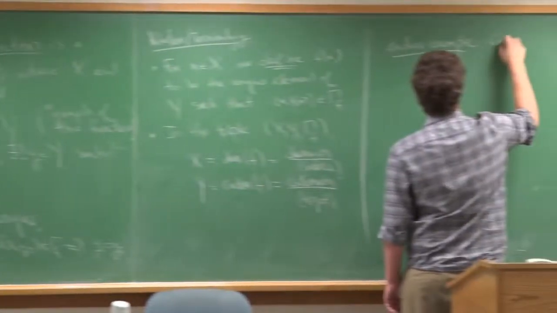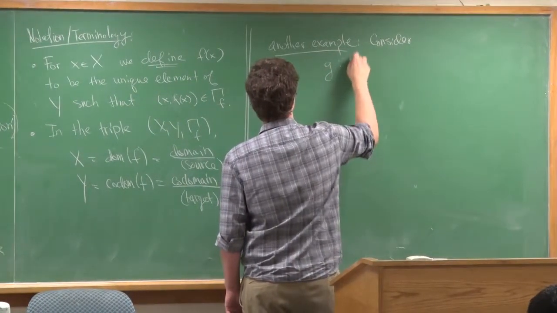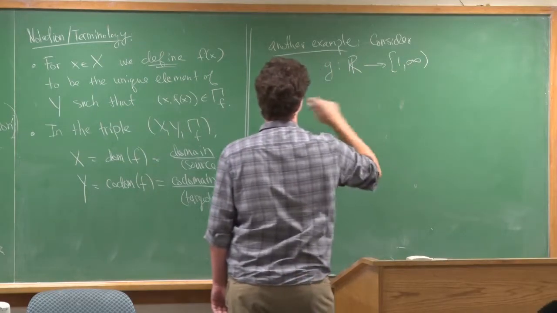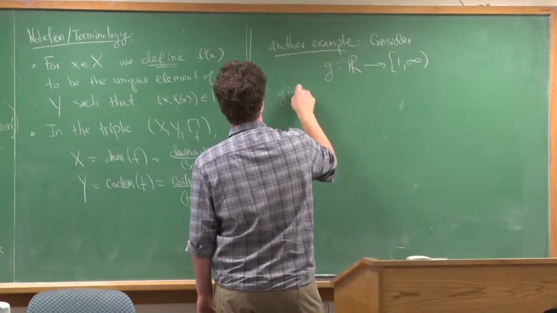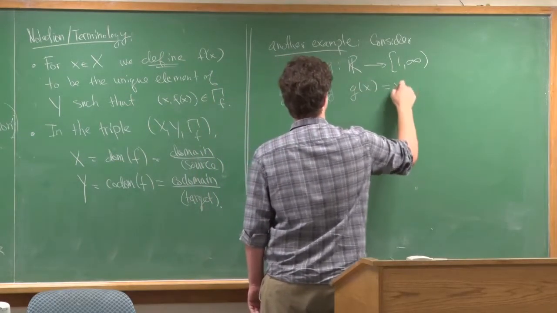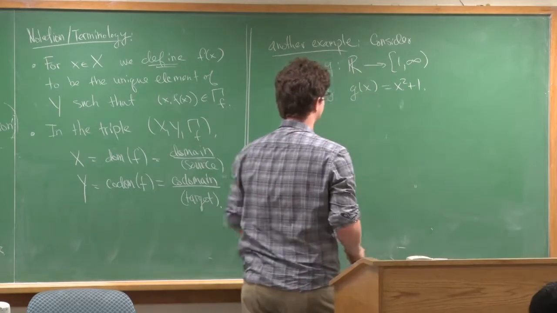Okay? So in our example, so another example. So consider g from the real numbers to [1, infinity), this interval here, given by the same rule. Given by g of x is equal to x squared plus 1. Okay? So I just am declaring that to be the codomain here.